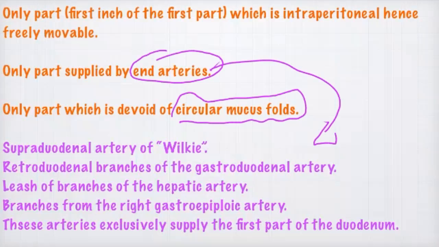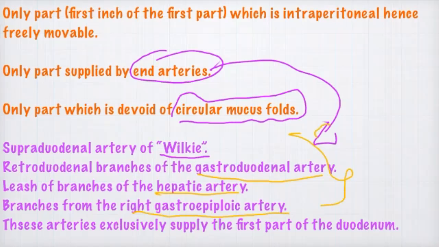So the supraduodenal artery of Wilkie, the retroduodenal branch of the gastroduodenal artery, a few branches of the hepatic artery, and branches from the right gastroepiploic artery. All these arteries are end arteries, and these are supplied exclusively to the first part of the duodenum only. All these four arteries, right?